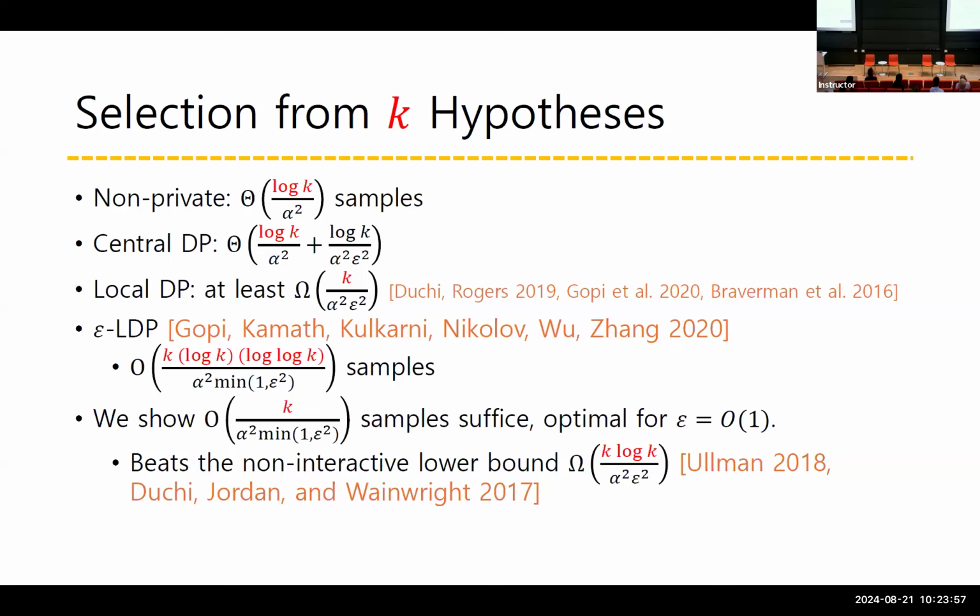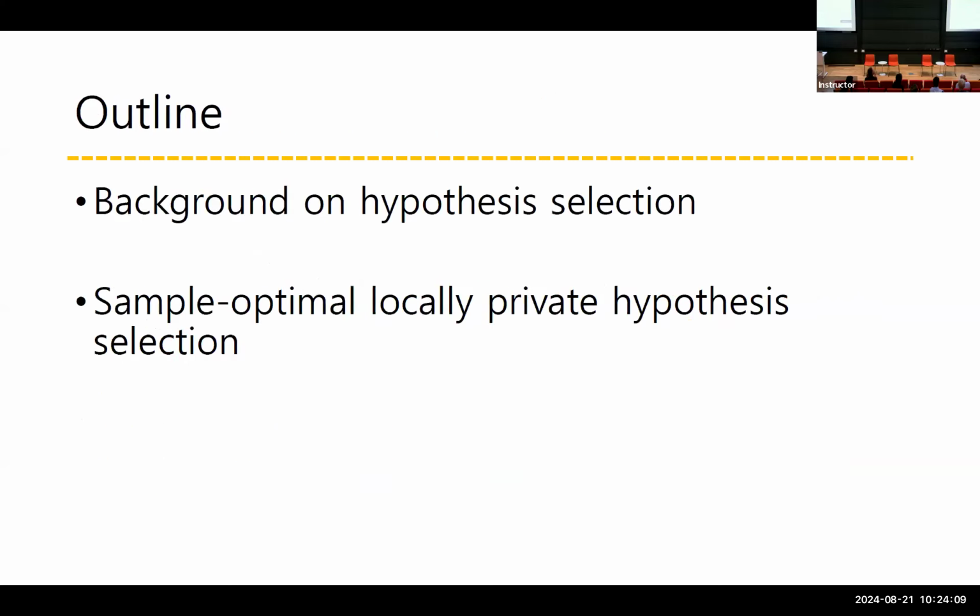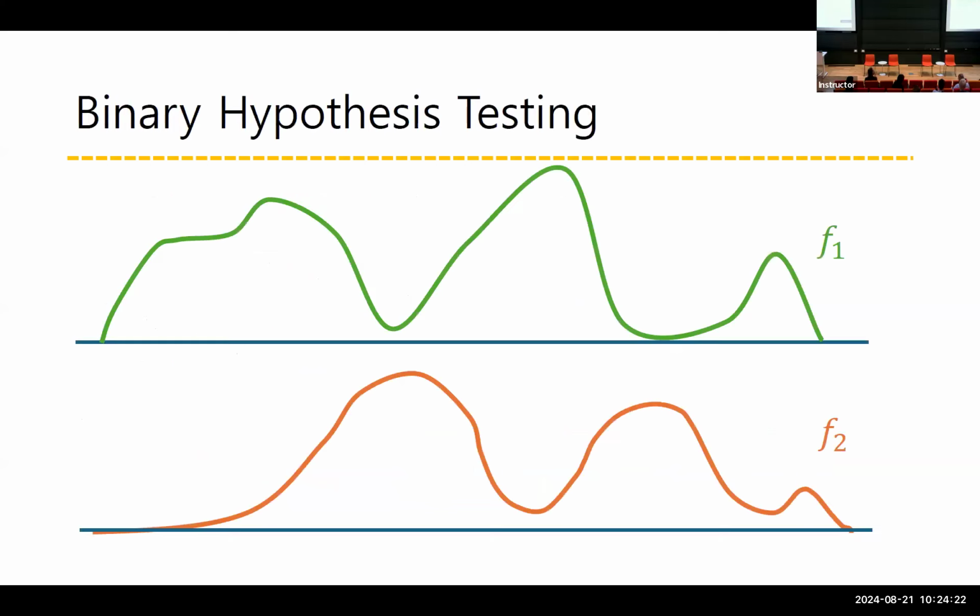Our algorithm is also interactive, and the fact that we could do it with K samples shows the power of interactivity and the separation between interactive and non-interactive LDP. In the rest of the talk, I'll first start with the background on hypothesis selection, and then at the end, a little bit about our algorithm and our new tool for analysis of such algorithms.